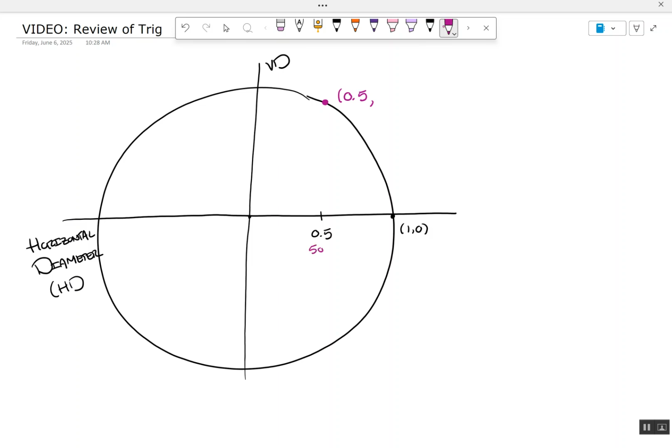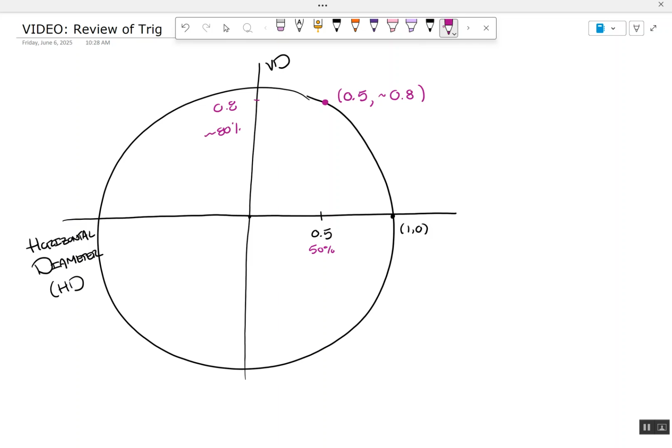Maybe we can say it is 50% to the right. How far from the top is it? If you had to give a good guess, I don't know, something like 80%? This is kind of our guess.